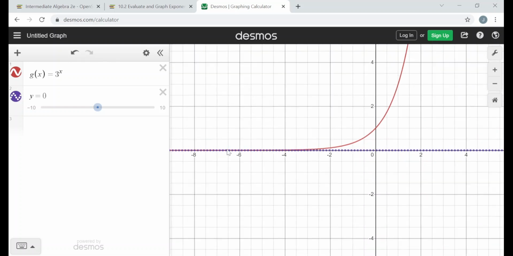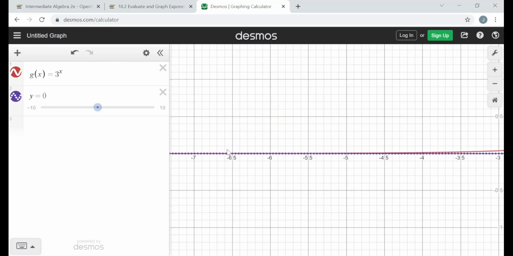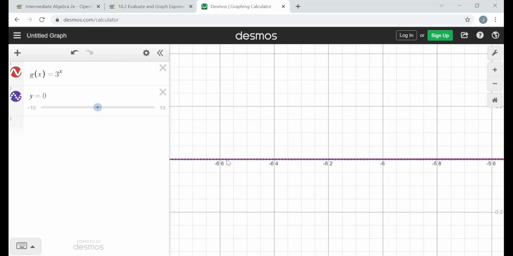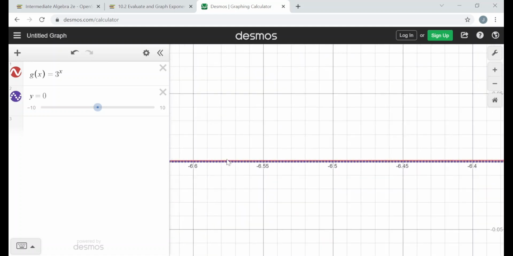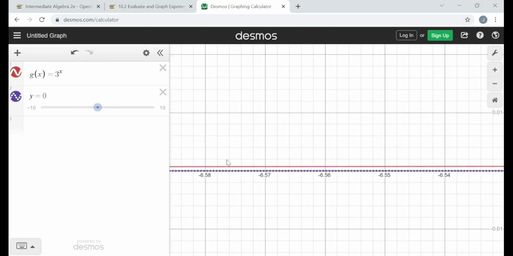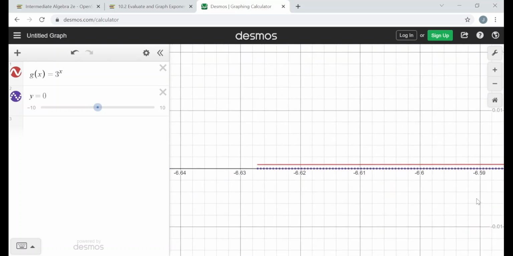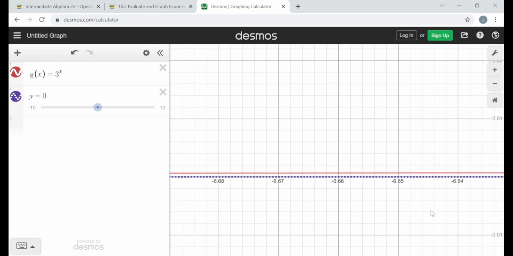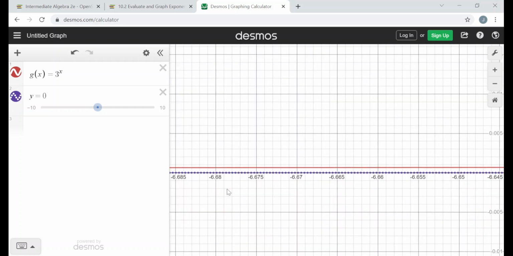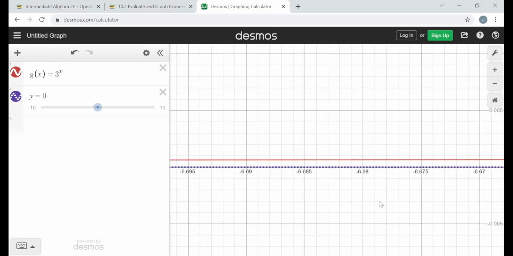But if you scroll in far enough, you'll see that the graph actually doesn't touch the x-axis, ever. Go as far left as you want. The red graph will always be above the x-axis, y equals 0.